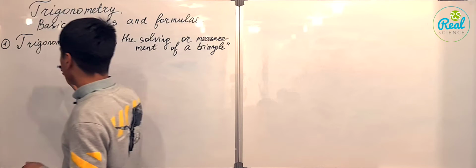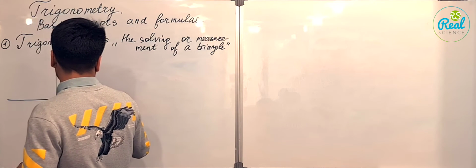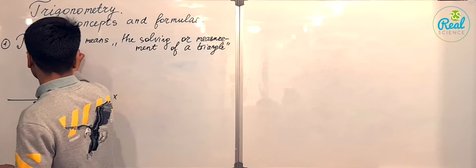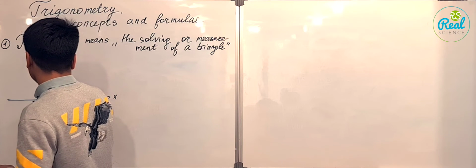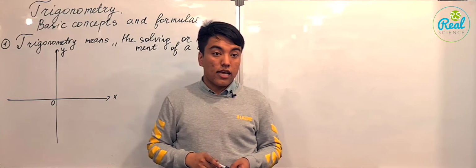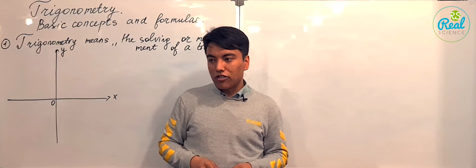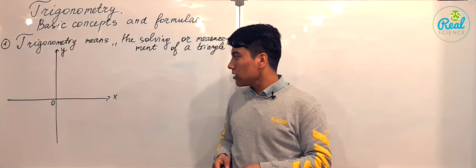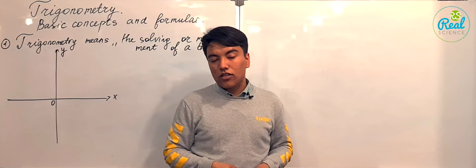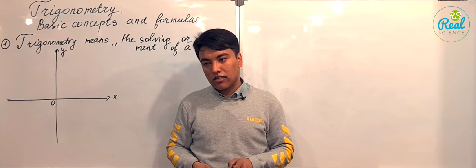Okay? For example, as you know, the Cartesian coordinate system consists of two axes, x-axis and y-axis. Let's draw this. OY and OX, ordinate and abscissa. We drew this on the whiteboard. And in algebra, the definition is given like this.